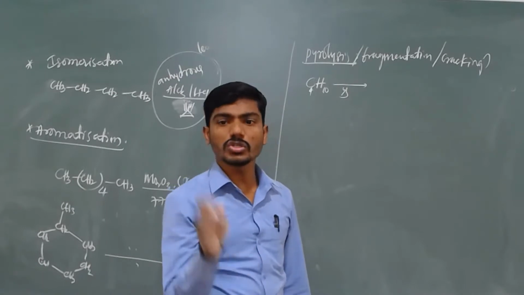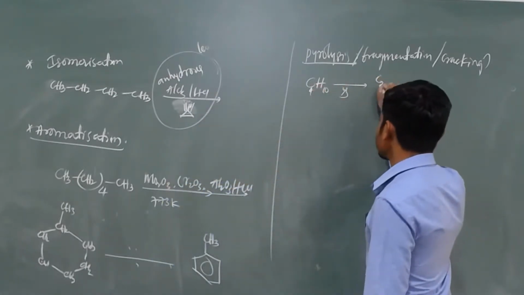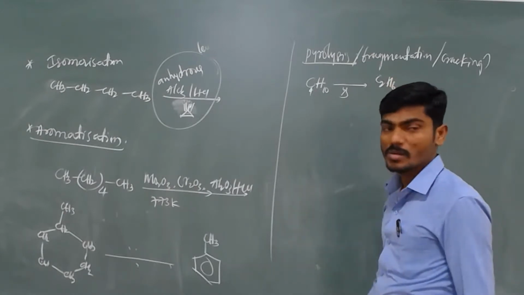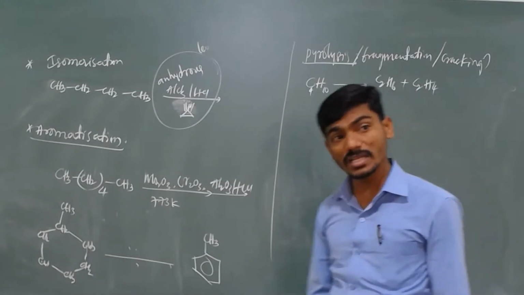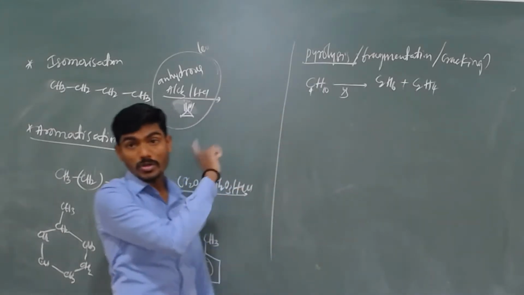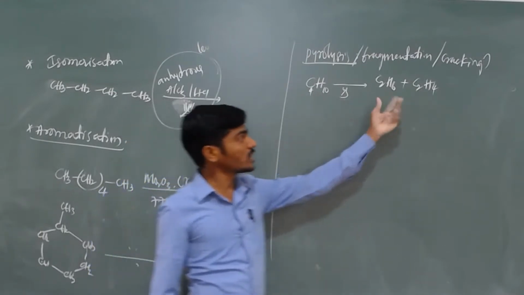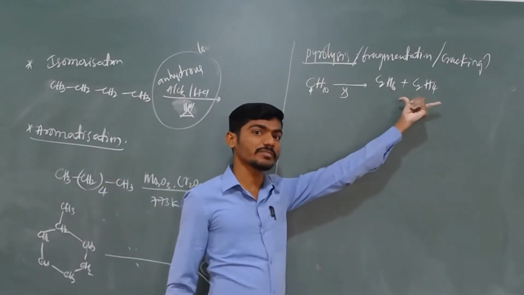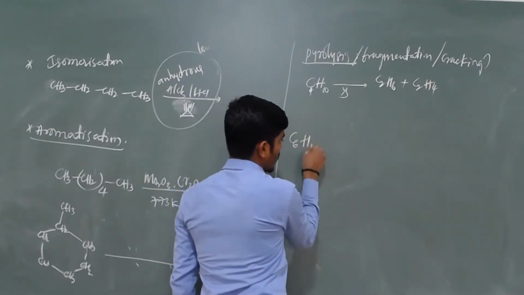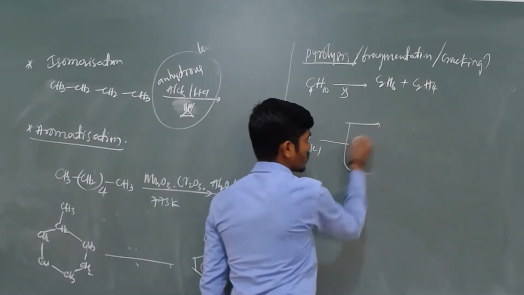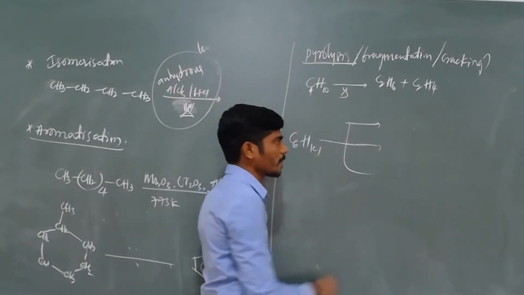It undergoes breakdown to give smaller molecules: C2H6 ethane plus ethene, since alkenes are also produced and the total molecular formula must be the same. For hexane, C6H14, when it undergoes cleavage, different products can come.